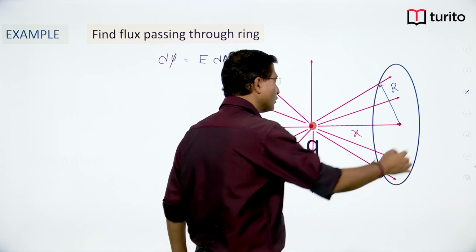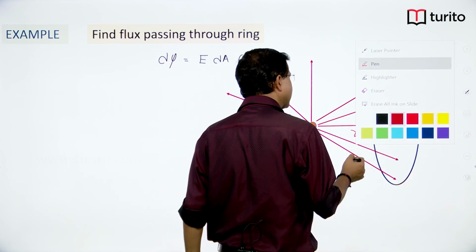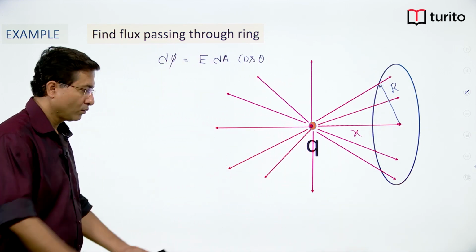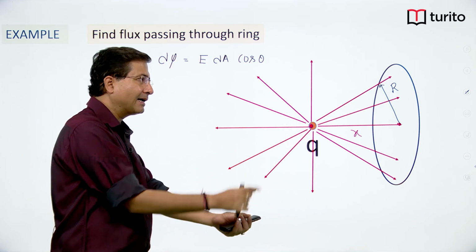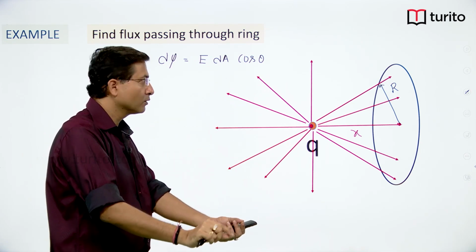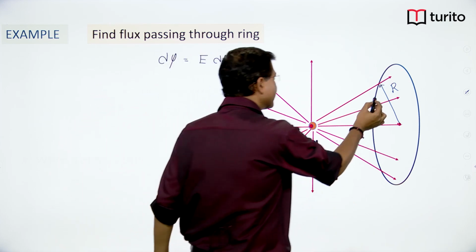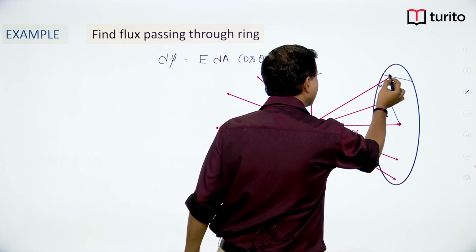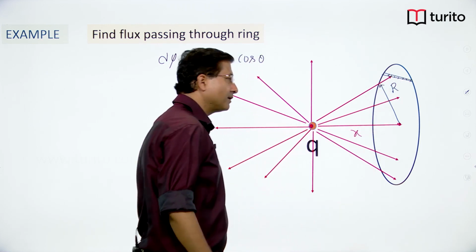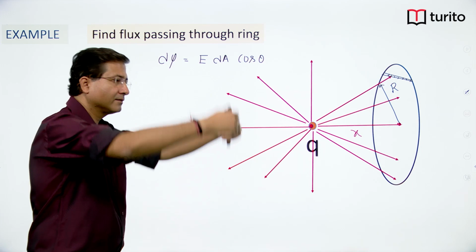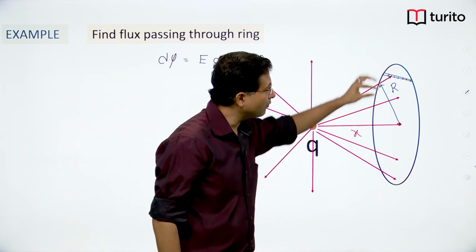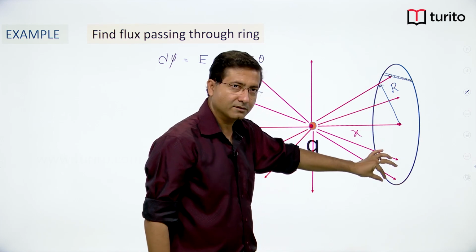So, how to take the element, that is the question. Over this ring I can take imaginary strips. So I can take strips like this, and I will get the flux associated with this strip and integrate. You can visualize this ring is made up of imaginary strips.